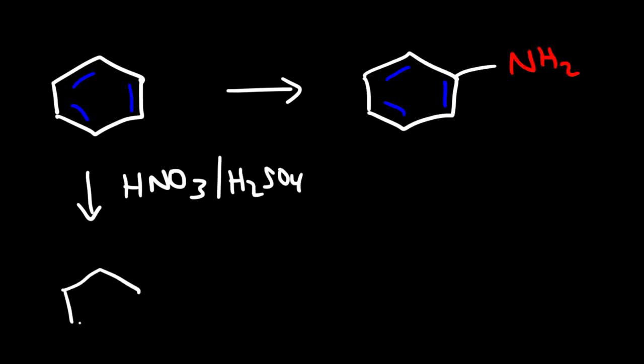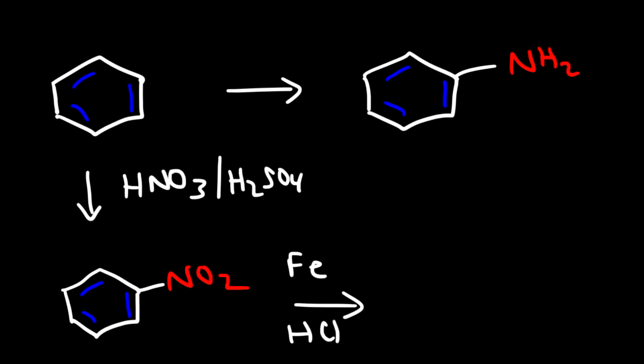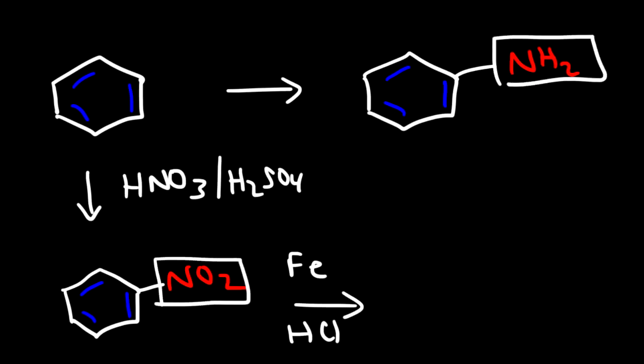And so this will replace a hydrogen with the nitro group. And then the second thing that we could do is reduce the NO2 group into the NH2 group. And so by using a metal like iron metal or zinc metal, the NO2 group will convert to the NH2 group. And so these are the two reagents that we need.